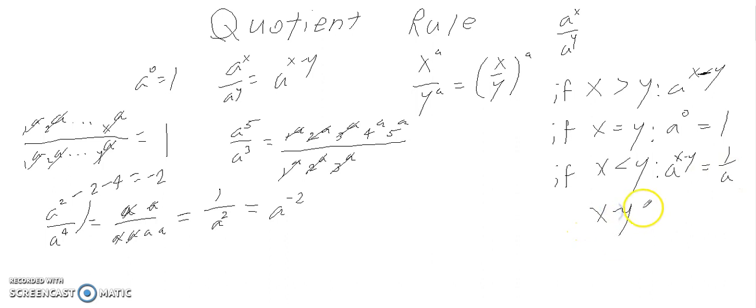So we'll say x minus y equals negative z. We know it'll be negative because x is less than y and we're taking y away from x. So negative z, that means this can be 1 over a to the z. So there's the quotient rule.